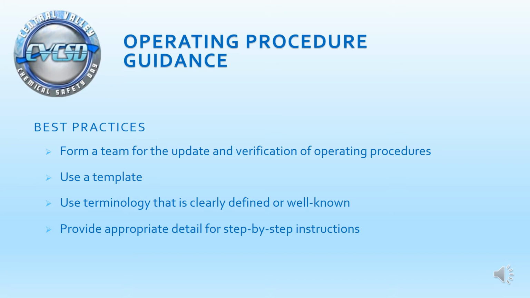Use a template. Some of these have already been developed and can be used for your specific equipment and operation. There are some publicly available by OSHA, and then the previous version of IIAR 7 included a template for the procedures as well. Both could be used and retrofitted to meet your current needs.